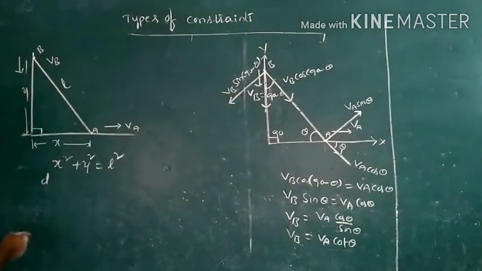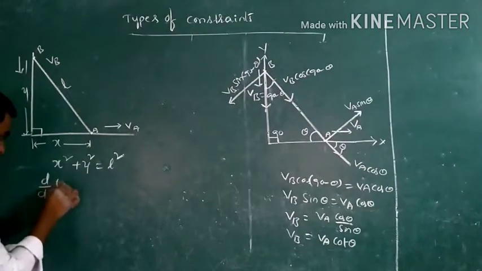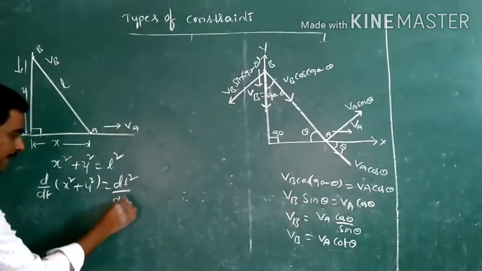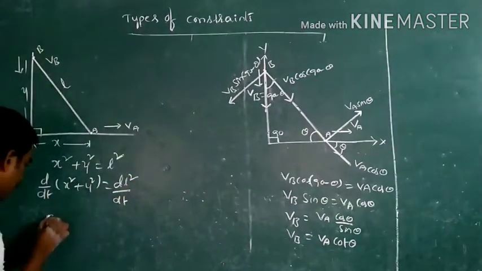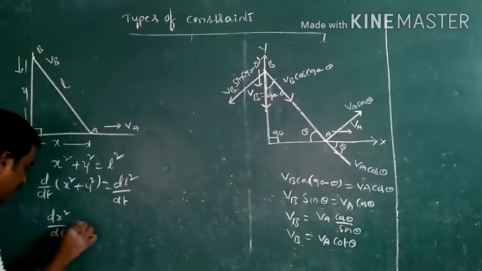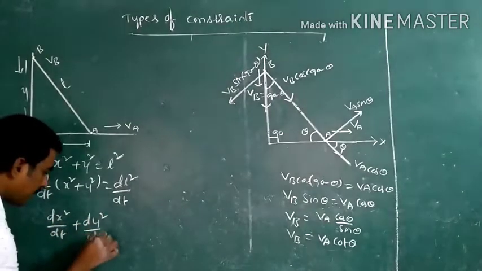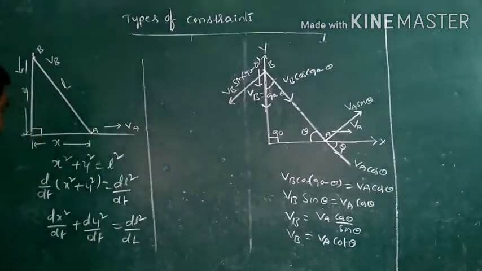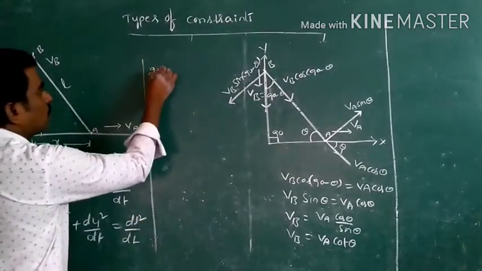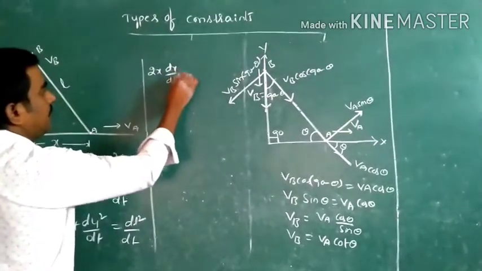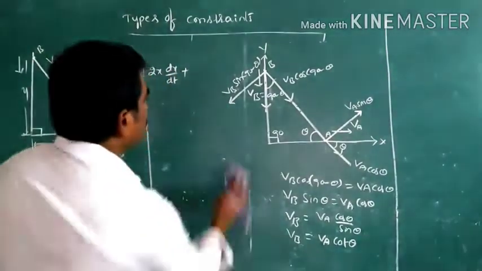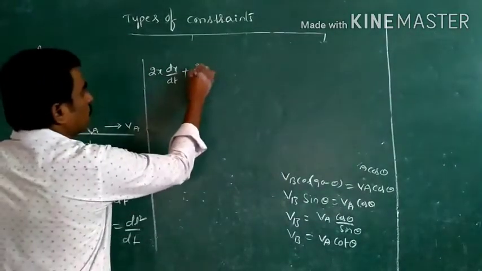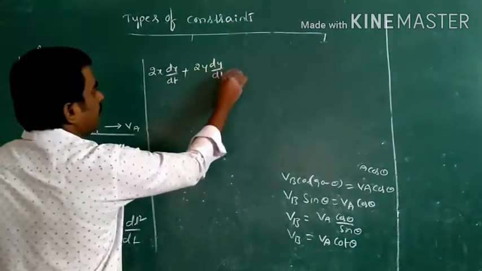Now we differentiate on both sides with respect to time. That is d(x square plus y square) by dt equals d(L square) by dt. This can be written as 2x dx by dt plus 2y dy by dt equals 0.